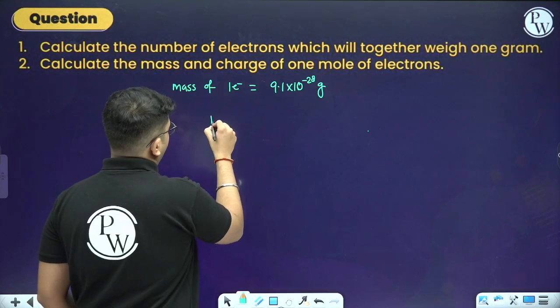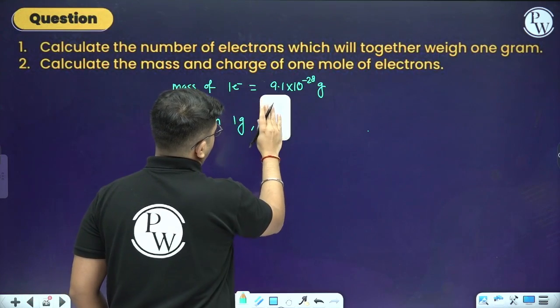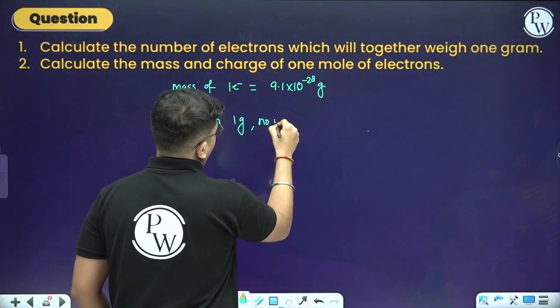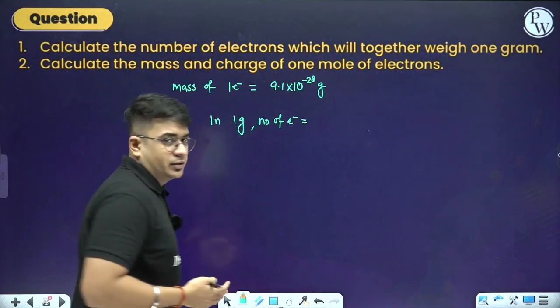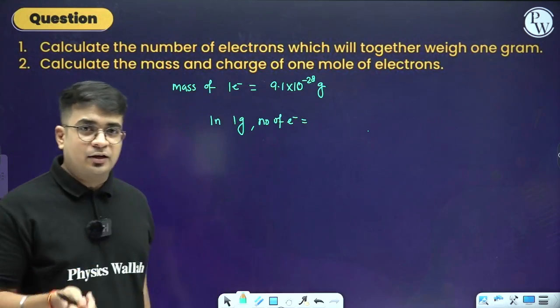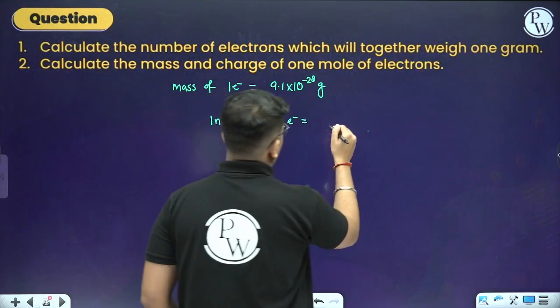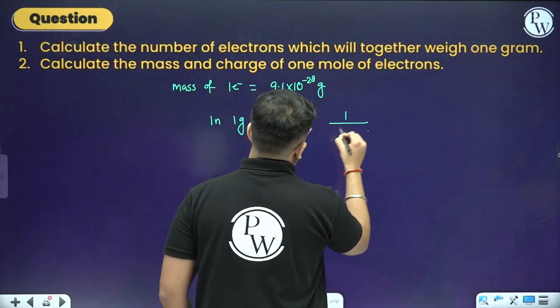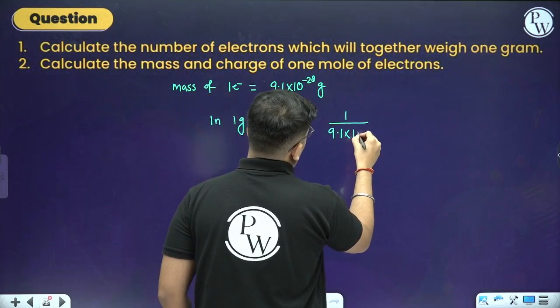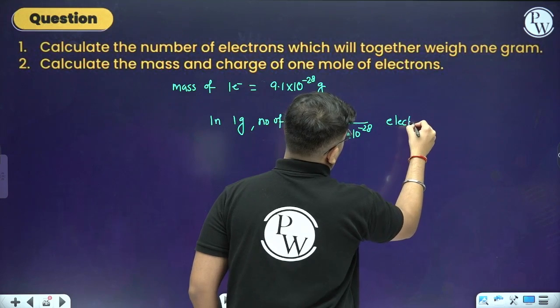So in 1 gram, the number of electrons is found by the unitary method. 9.1 multiplied by 10 raised to the power minus 28 gram basically means 1 electron. So in 1 gram, how many electrons are there? This is 1 upon 9.1 multiplied by 10 raised to the power minus 28 electrons.